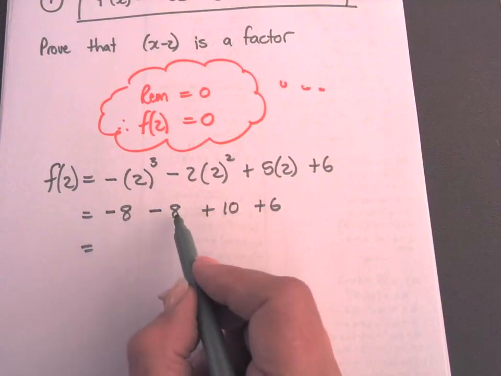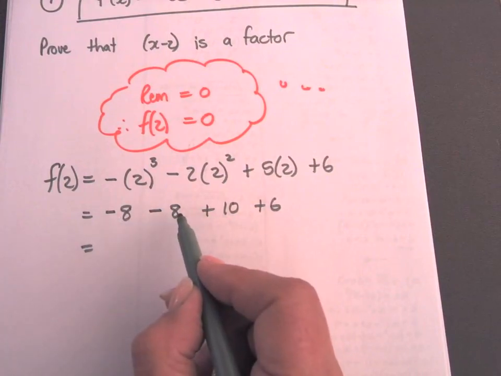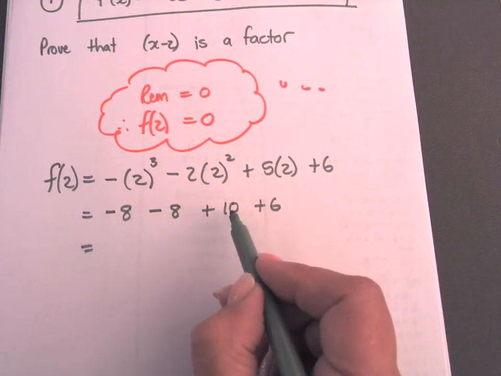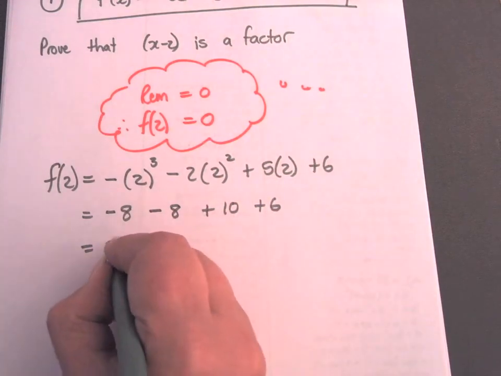Negative 8 minus 8 is negative 16. Negative 16 plus 10 is negative 6. Negative 6 plus 6 is 0.